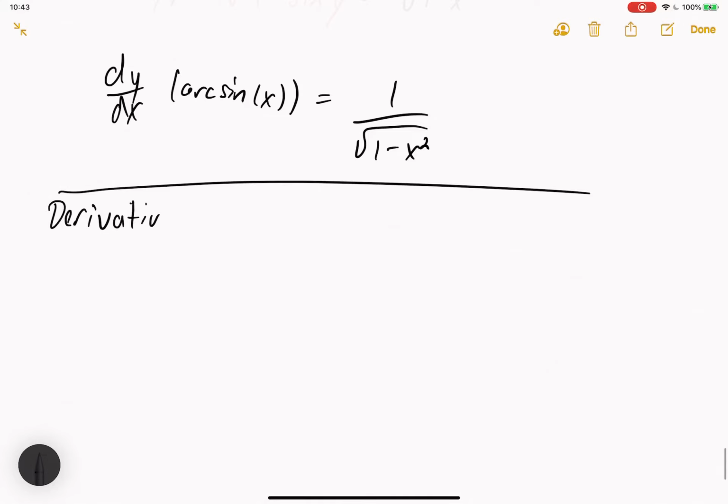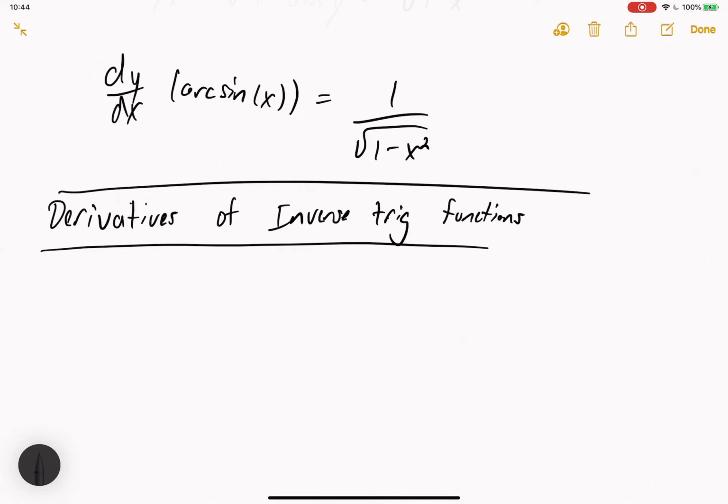Honestly, it'd be good practice to at least check 1 or 2 of them to make sure you know how to do it. Because a lot of times you might struggle remembering what these are. You can remember by just seeing something a lot, but it's easier to remember something if you actually do it.